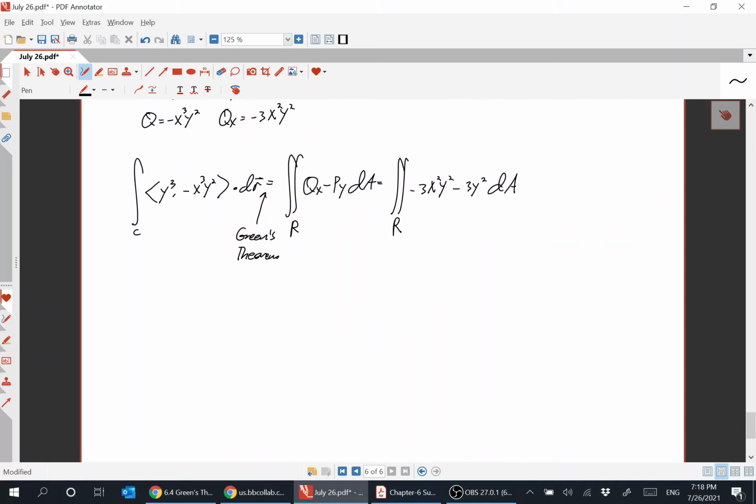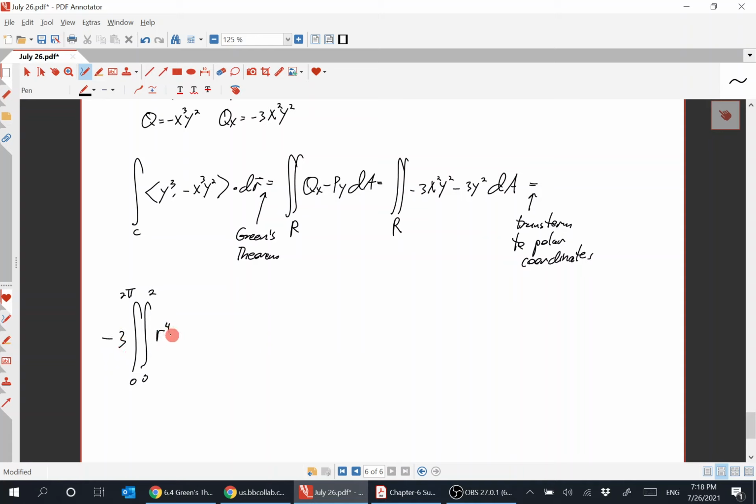So this is equal to, transform to polar coordinates, the double integral 0 to 2, 0 to 2 pi. So that's going to be minus 3. I'll factor out the minus 3.